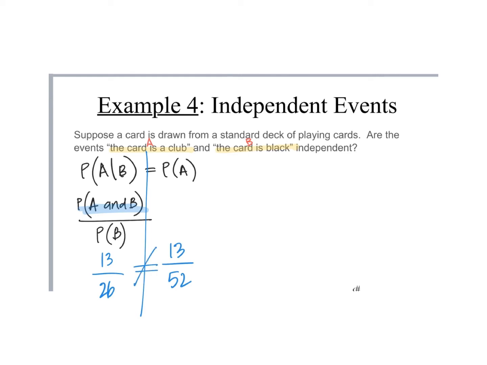Therefore, the events, the card is a club and the card is black, are not independent. Which you kind of figured out earlier, like obviously it's not independent because all of the clubs are black, right? So they are associated. But this is how you can check if sometimes it's not so obvious.